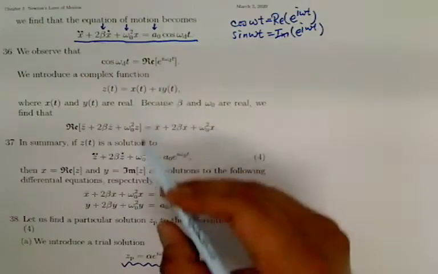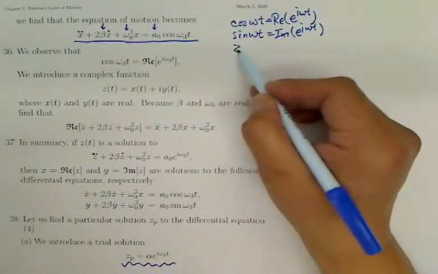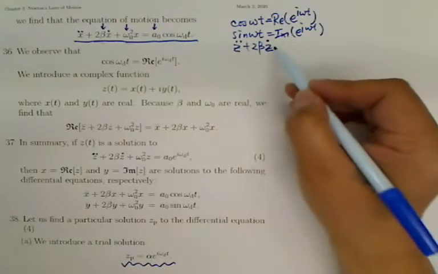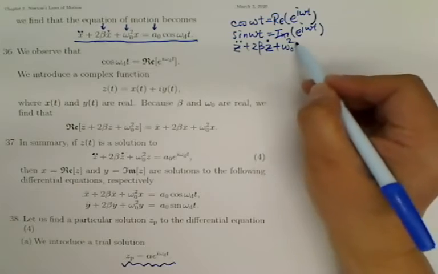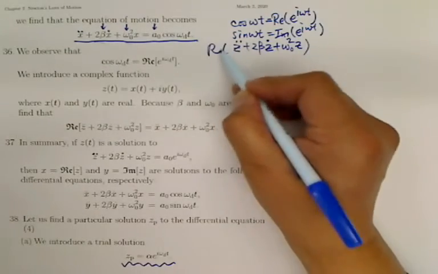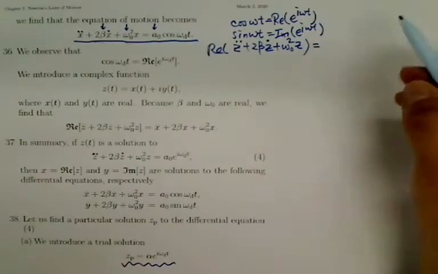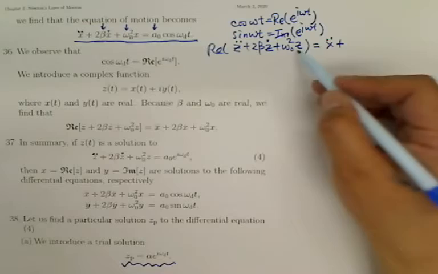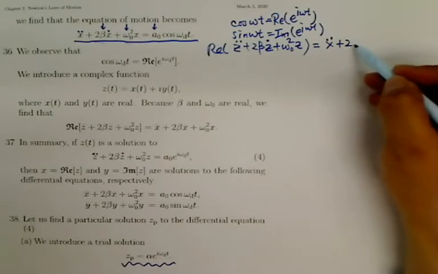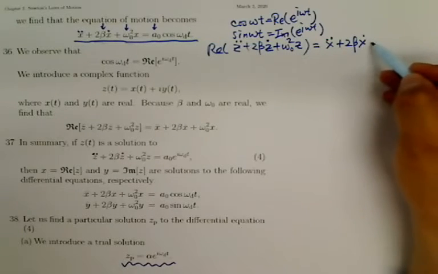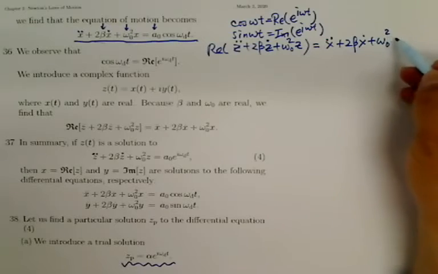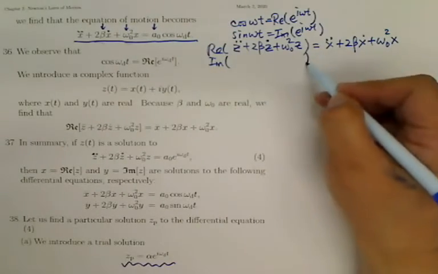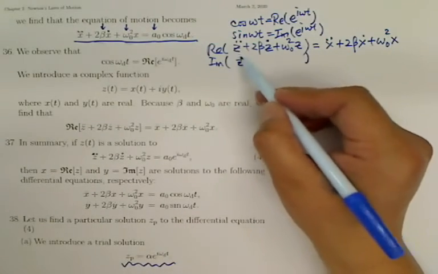What happens to the left-hand side? Just z double prime plus 2 beta z prime plus omega 0 squared z, the real part equals x double dot plus 2 beta x dot plus omega 0 squared x, because beta and omega 0 are all real. What happens in the case we take the imaginary part?